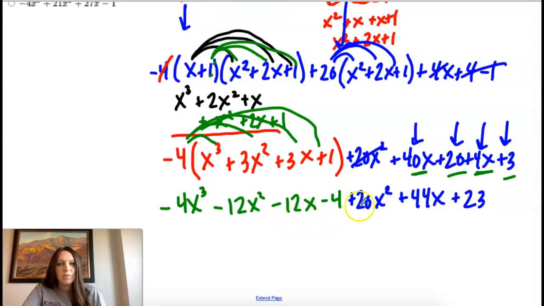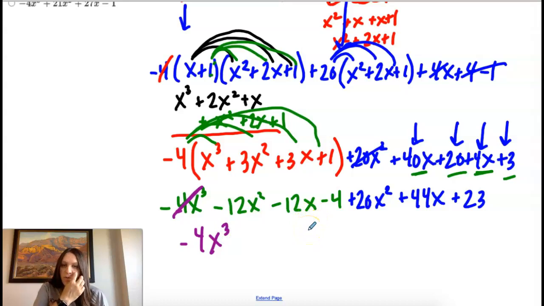And the last step is just to combine my like terms. I only have one term with x cubed, so negative 4x cubed. Now I'm going to look for all my x squareds. I have negative 12 plus 20, so that gives me 8x squared.